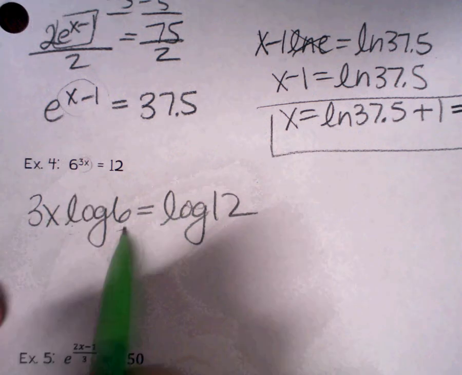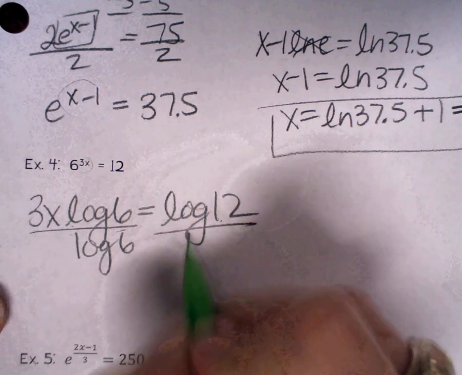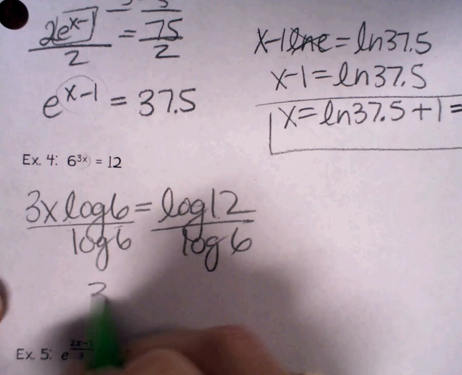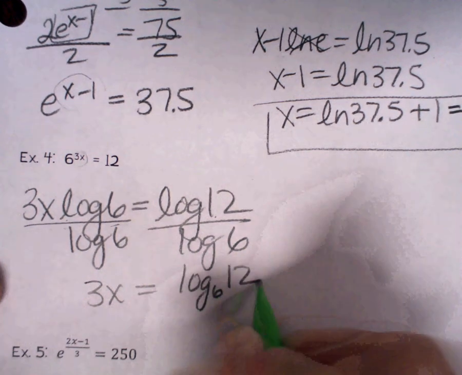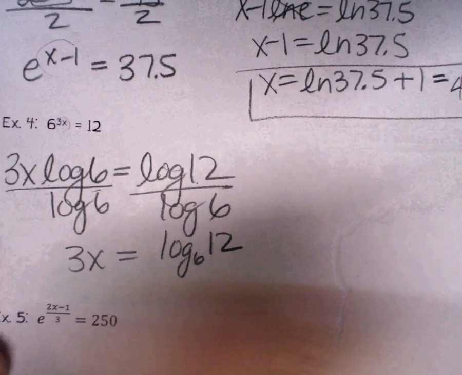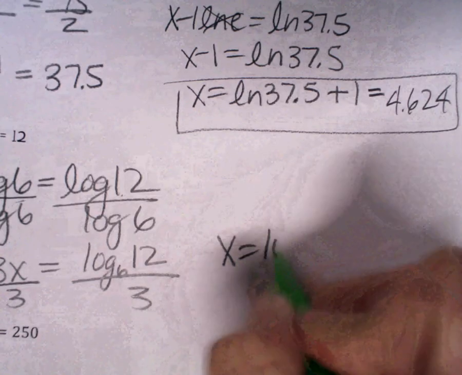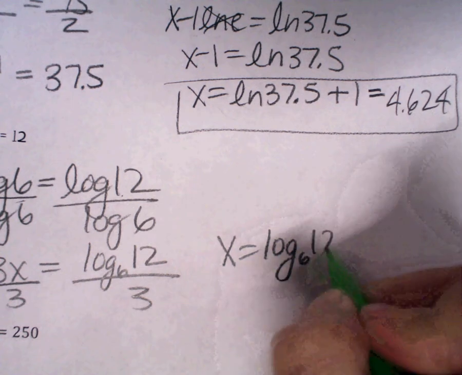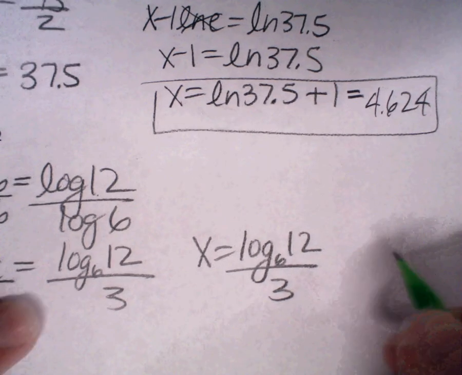So I'm going to divide by log 6 first. So I'm going to rewrite this as log base 6 of 12, and then my last step is divide by 3. So my exact answer, I think you would prefer exact, because honestly it's less typing. Okay, so that's the exact.